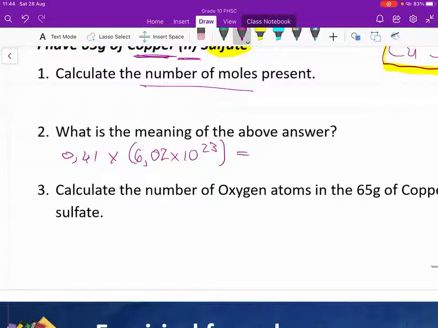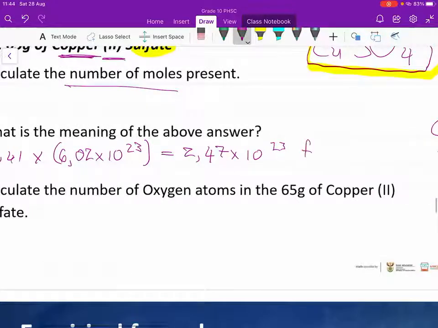So how do I get that amount? I have to times that 6,02 by 0.41. So that is 2,4. Let's round off to 1 decimal place. 2,5 times 10 to the power of 23.